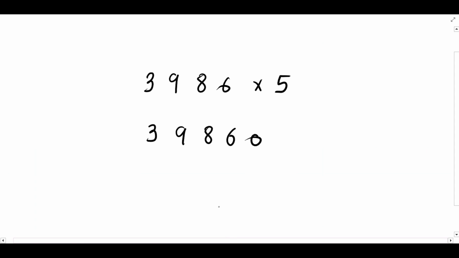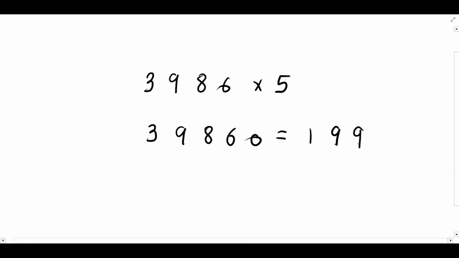As I said, first multiply by 10, which is very simple: you just add the 0 at the end. Now you halve it just like I taught you, starting from the left. Half of 3, 1 with the remainder of 1. I won't be writing the remainders, just keep them in your head. Now 19 by 2 gives 9 with the remainder of 1. 18 by 2 gives a 9 without a remainder.